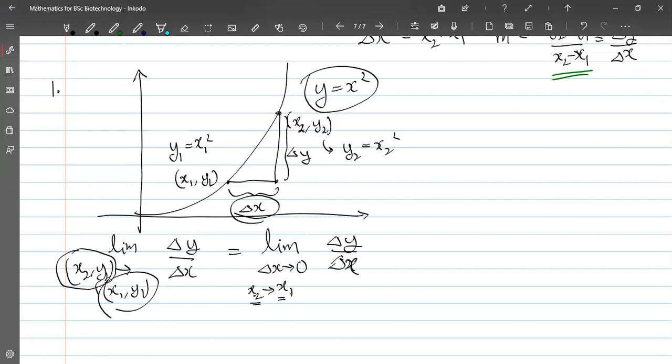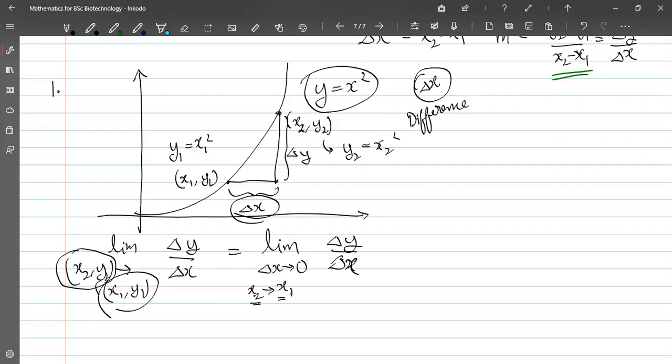Now, in order to evaluate this, we need to know what is delta y in terms of delta x. One thing here, if you have not seen this notation before, you might be confused about what delta is. We are just using the notation delta x to denote the difference in the x coordinate. So delta denotes difference.